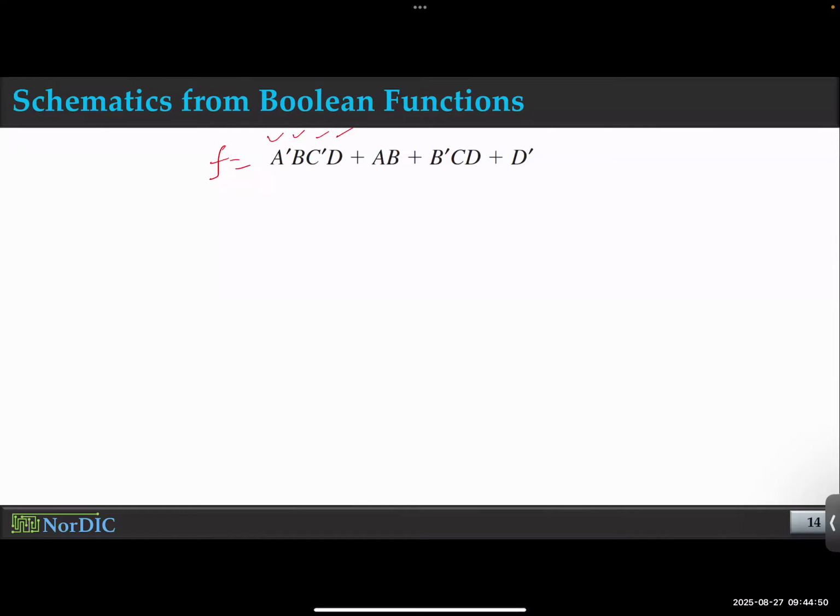4. Remember one thing, A and A prime are basically called literals. A variable and its inverse are often treated as just one variable, honestly, because you can just use an inverter, which is the cheapest, easiest possible circuit to get the other.